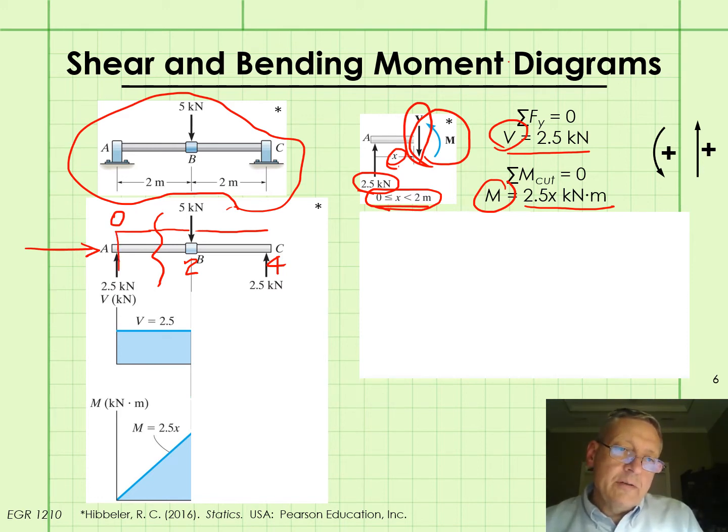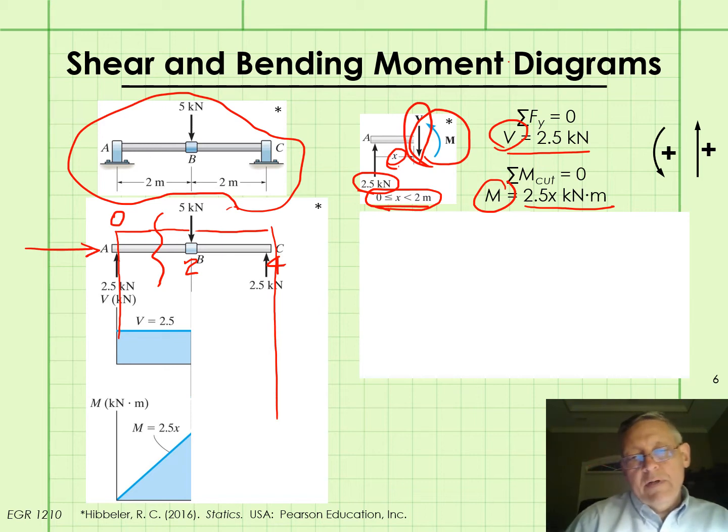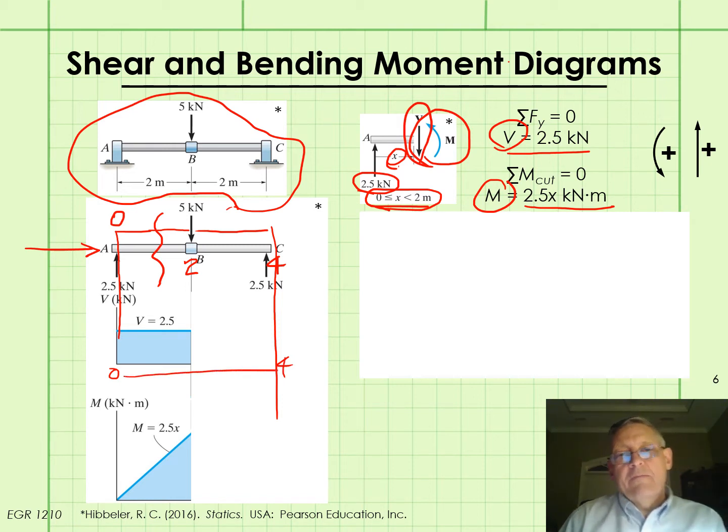So in other words, we're going to have our x-axis start at 0 and end at 4, right underneath the free body diagram of the beam, so it's easier to visualize what's going on in the beam by having these diagrams directly under the beam.